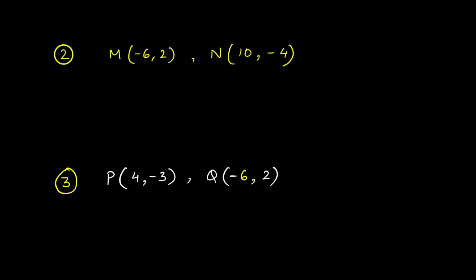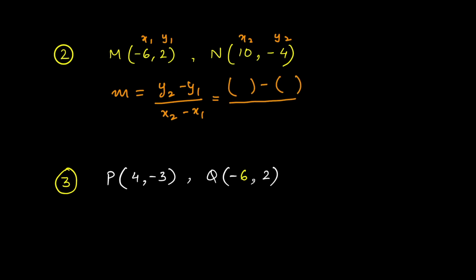Now example 2. So again the 2 points are given. So we always take the first point as x1 y1 and the second point as x2 y2. So now we write the formula. So m is equal to y2 minus y1 over x2 minus x1. So now we take the values at the right place and substitute here.